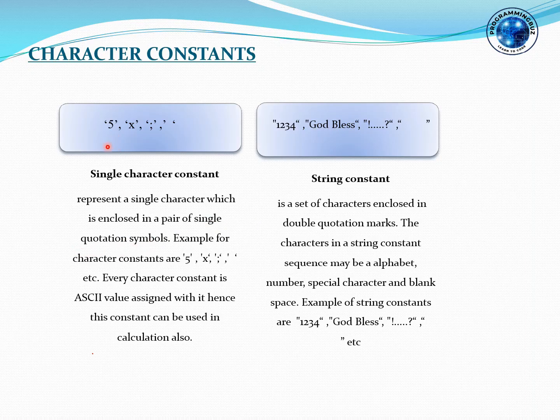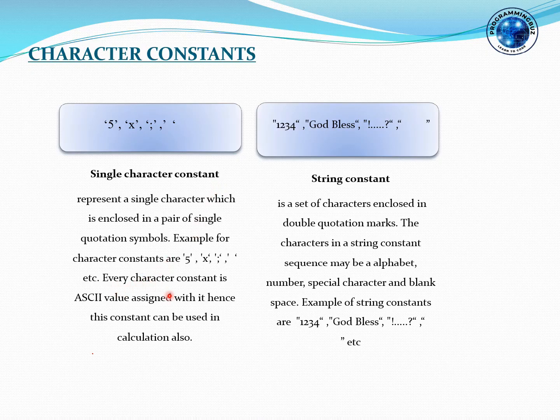For example, here the single character 5 is enclosed in single quotation marks, so it is a single character constant. Here X is enclosed in single quotation marks, and a semicolon is enclosed in single quotation marks. Even if a space is enclosed in single quotation marks, it is considered a single character constant.